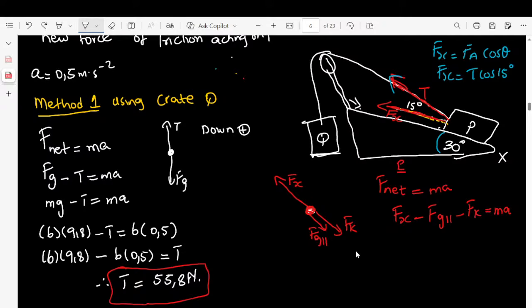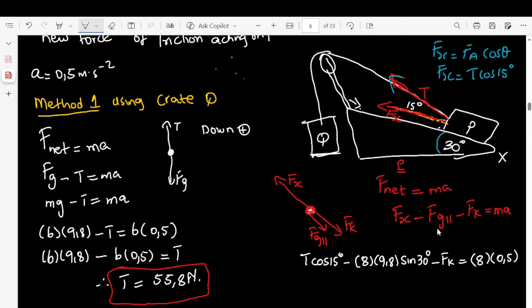This will be Tx, which is T, the cos 15 degrees, minus the mass of 8 into 9.8, the sine of that angle, which is 30 degrees, minus frictional force, which is the one that we are looking for. The mass is 8, and the acceleration was given as 0.5. So this will be 8 multiplied by 0.5.